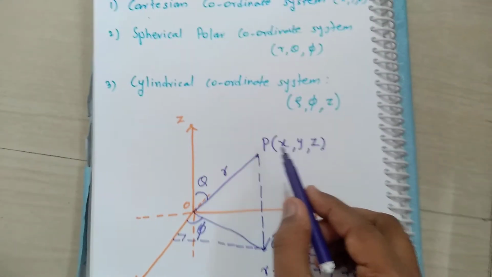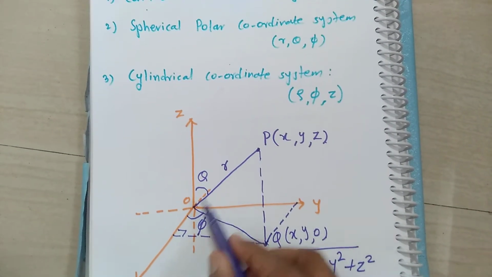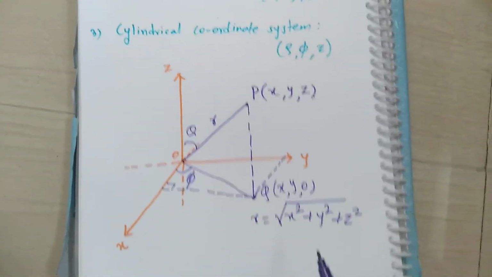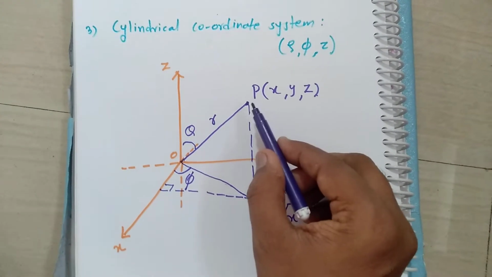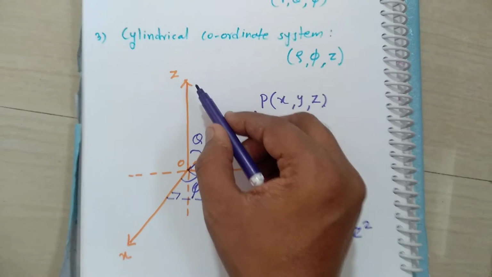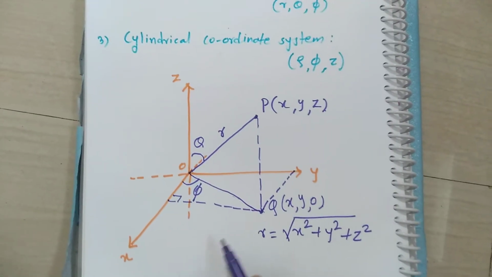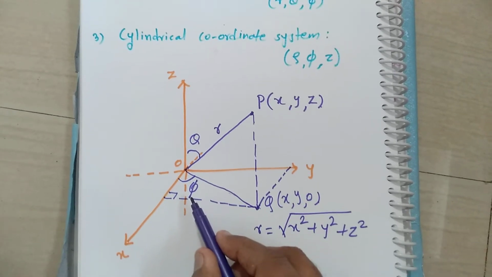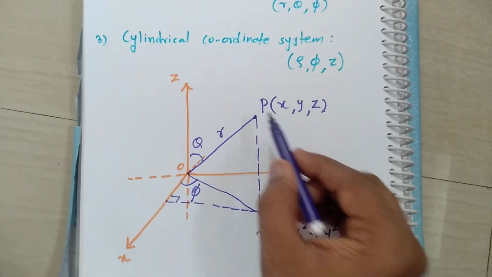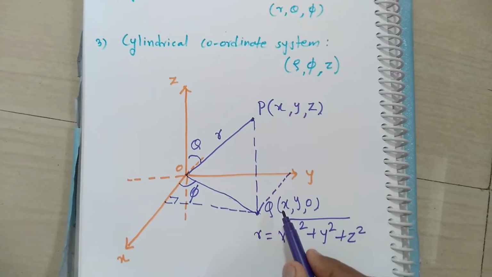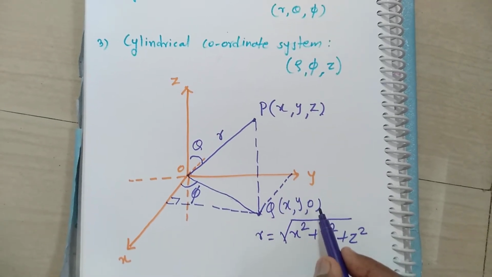r means the distance of the point from the origin, that is the radius, whose formula is this, and whatever angle this radius vector makes with the z axis is theta. Correct? How do we find the spherical polar coordinate phi? Project this point on the xy plane, and you will get the point x, y, 0.